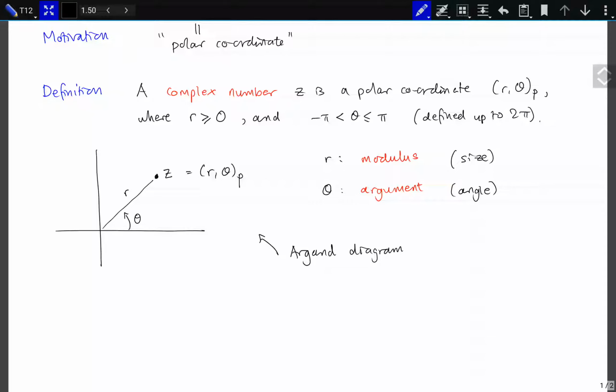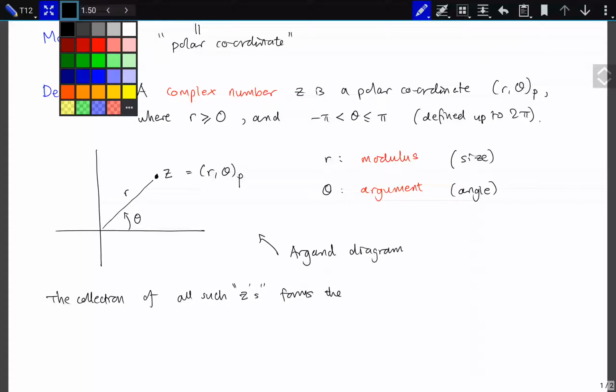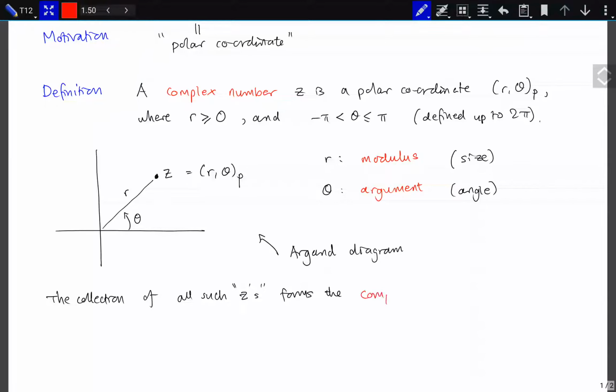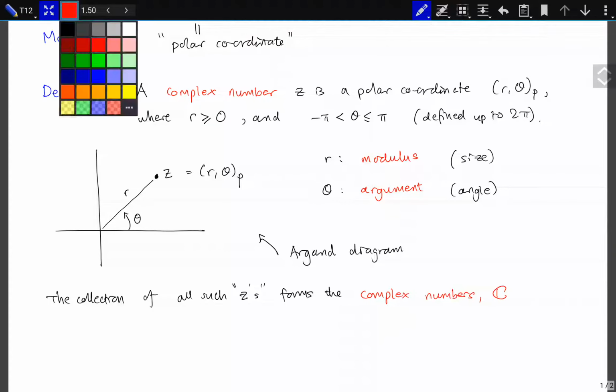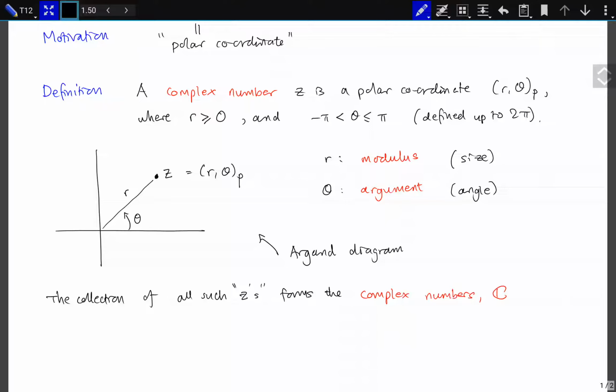If you take all of them, the collection of all such z's forms the complex numbers, which is written C with a bold, just like real numbers are written with a bold.